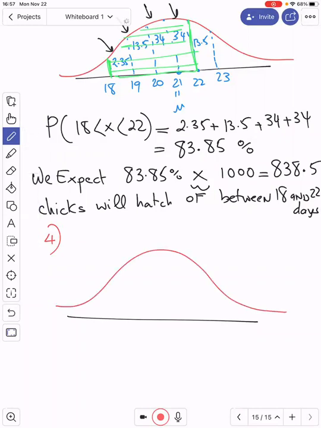Again, the mean is 21. Then the mean plus sigma is 22.